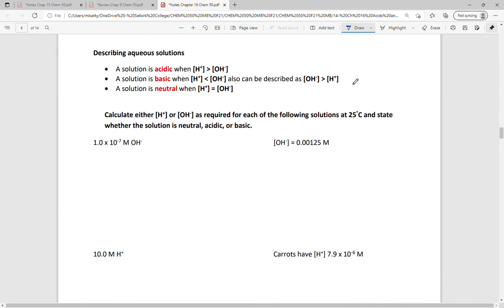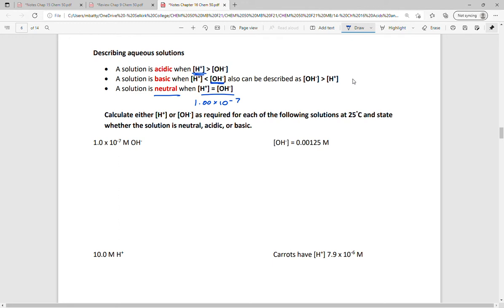One thing to take note of, in that I said when I was explaining Kw in the first place, in a neutral solution both of these were the same, 1.00 times 10 to the negative 7. Now, if we stray from being perfectly neutral, which is what acids and bases do, in an acid we'd have a higher number for hydrogen ion than hydroxide ion, and in a basic solution we'd have a higher number for the hydroxide ion.